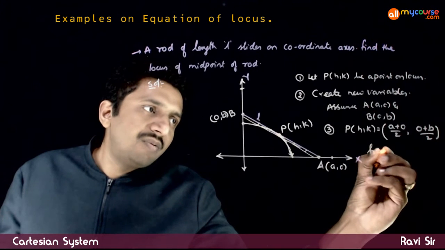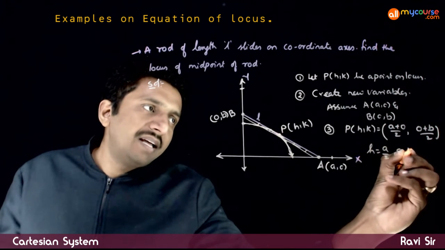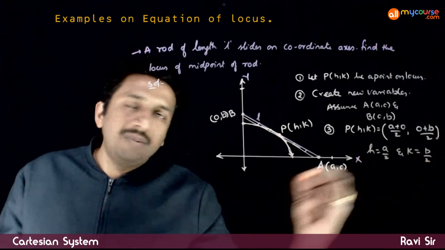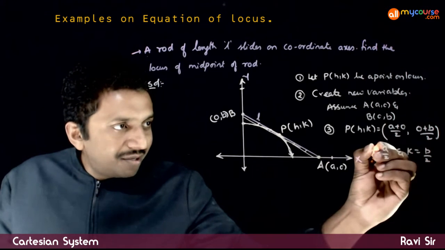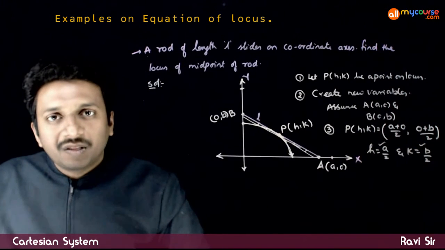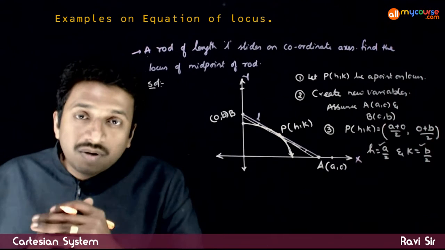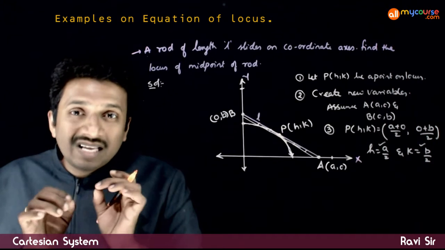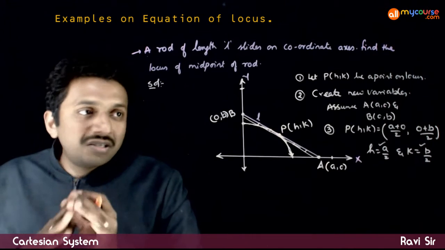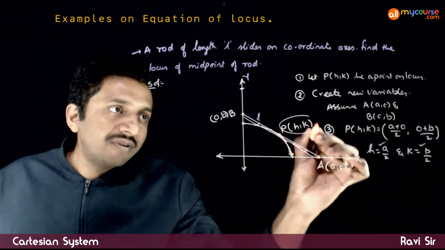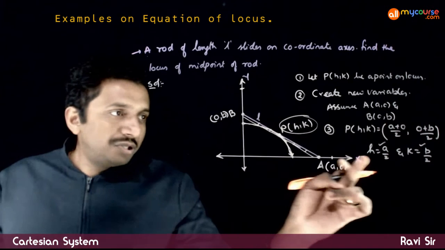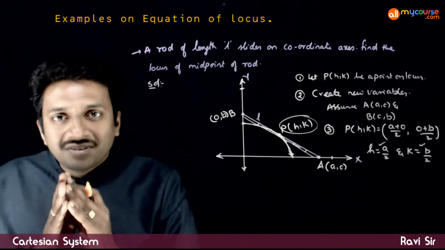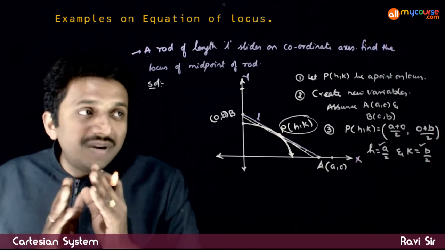So h is equal to a by 2 and k is equal to b by 2. So you got two equations. Now what is the equation of the locus? Equation of locus is some algebraic condition only in terms of h and k. So you should not have any a and b's. That means you need to eliminate a and b.